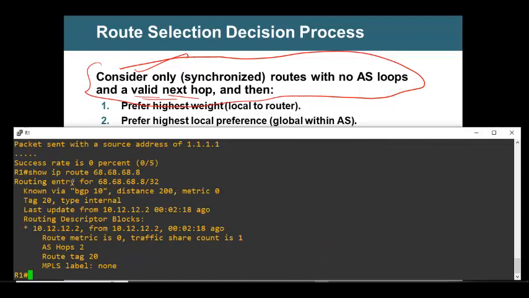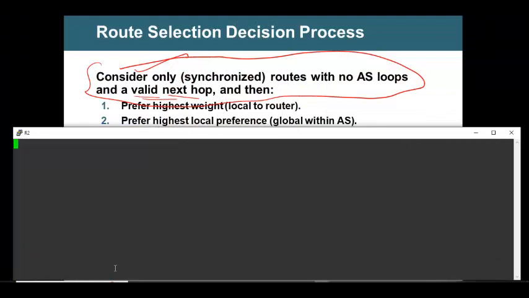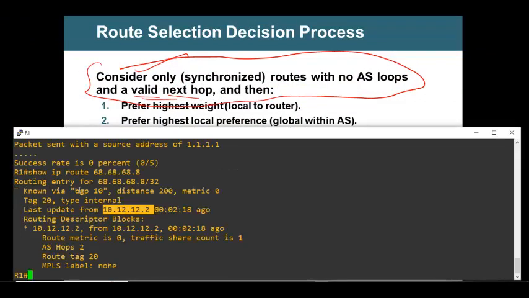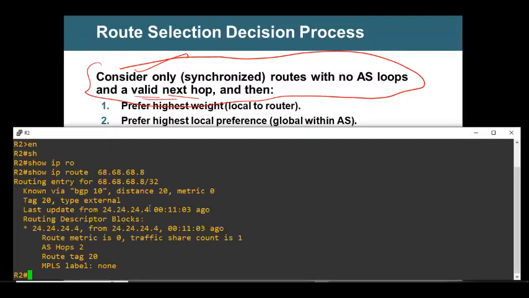Router 2. Let's go to router 2. Show IP route. What is the network? 68. It says I will send to router 4. Now where is the topology? Router 4. Okay, router 4 is autonomous system 20.